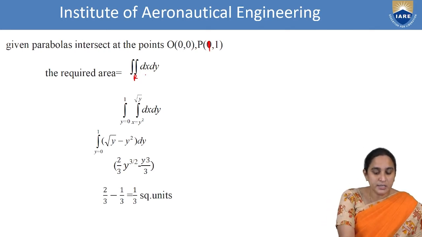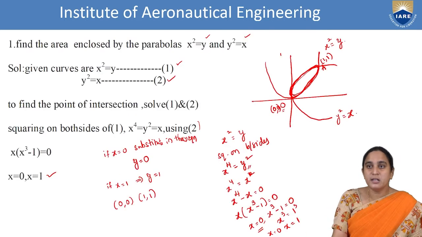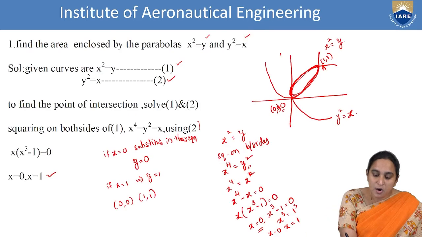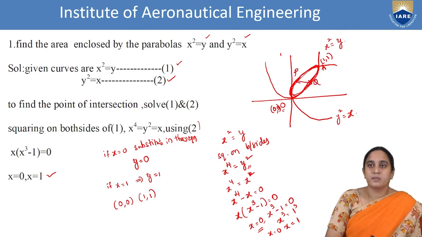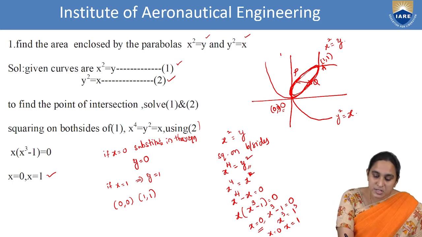From the double integral of dx dy, what does it mean? If we are integrating first with respect to x, then for taking the limits, I am using a horizontal line, that as P and Q. Why am I taking this horizontal line?